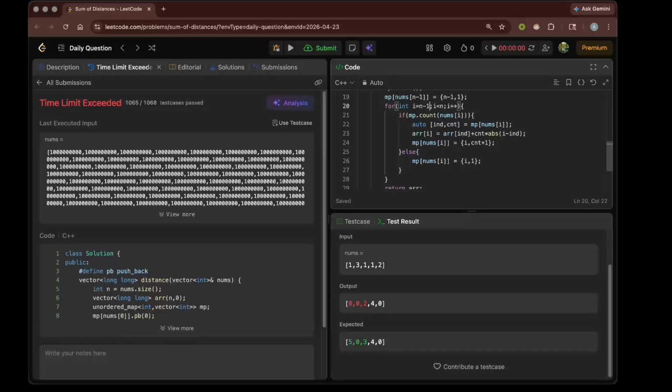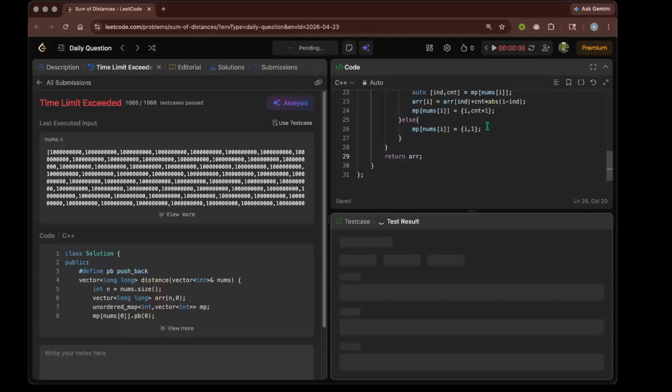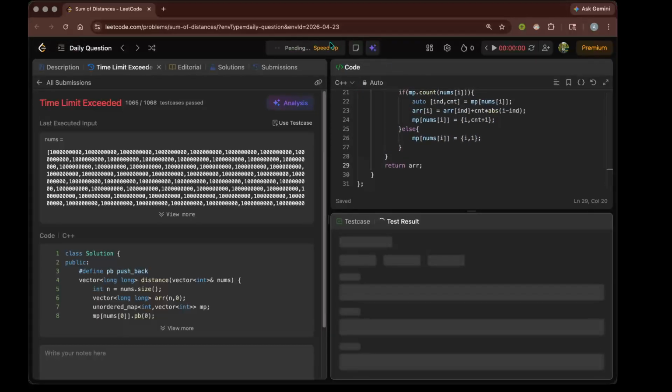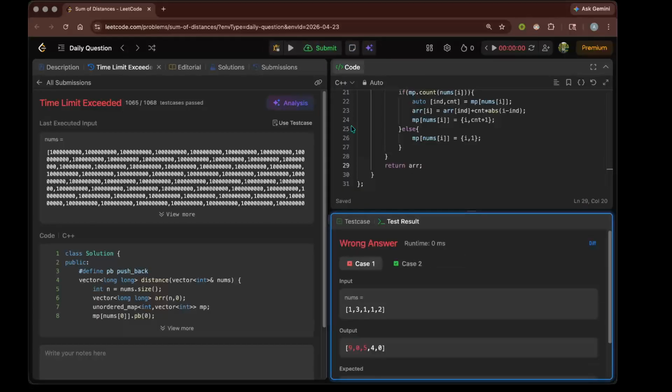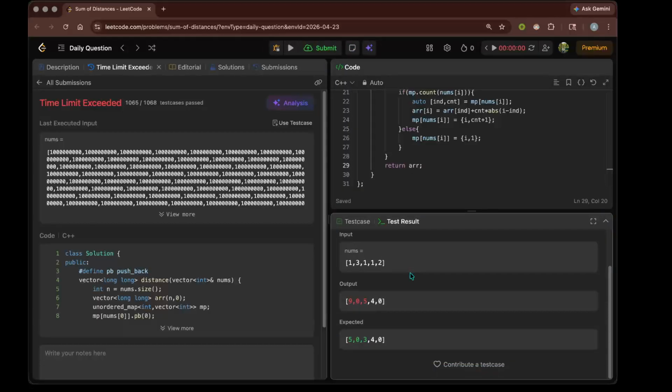Okay. Zero, minus minus. MP of nums of I. It's the same thing that we did in the previous window. What?